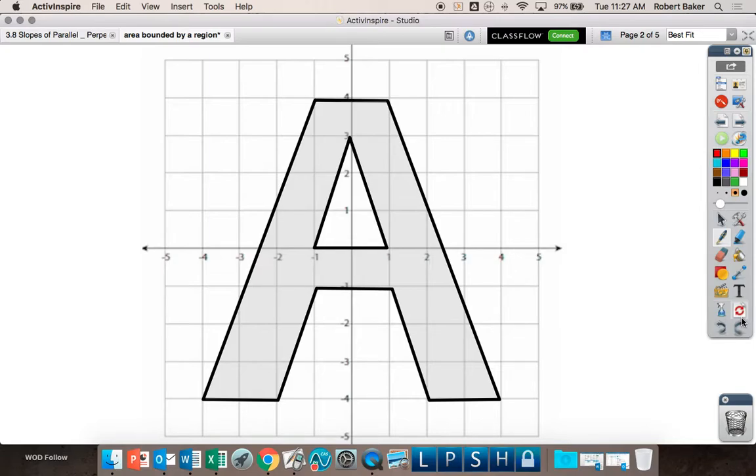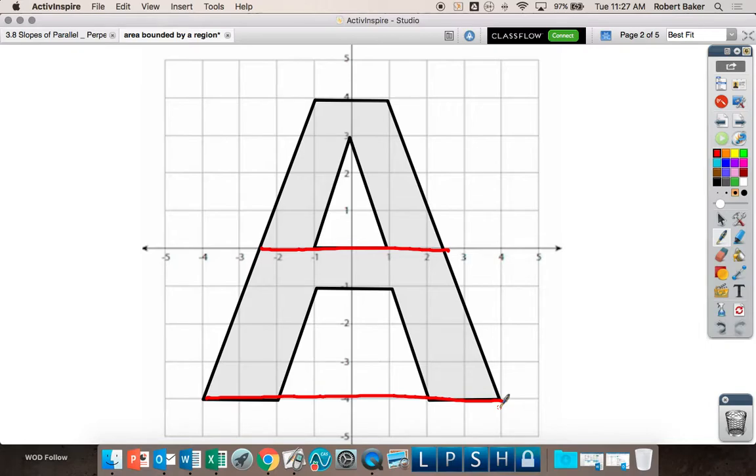Here's a hint. Don't see it? Could you take that one and make those two? There's a hint.